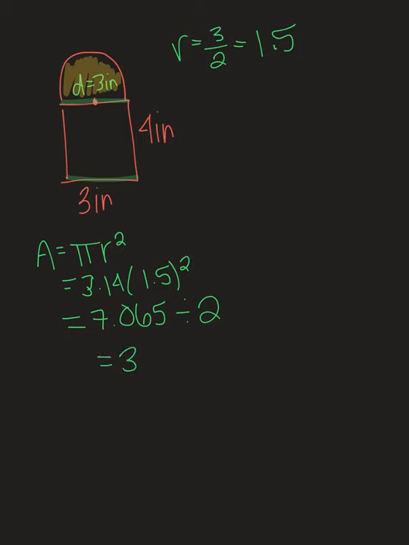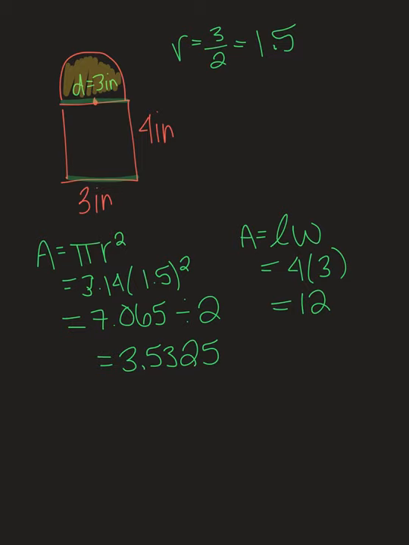So I have 3.5325, and I'm going to keep all those decimals right now, and we'll round at the very end. So we have only done the area of our semicircle here. Now we need to find what is the area of the rectangle. So remember, length times width, and that's going to be 4 times 3, so 12. And now we need to add our two pieces.